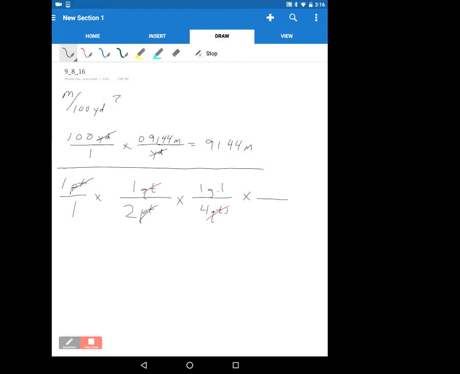I guess I can write this down here for you. 1 cubic foot equals 7.48 gallons. All right, 1 cubic foot equals 7.48 gallons. So I can bring that in up here. So 7.48 gallons equals 1 cubic foot.